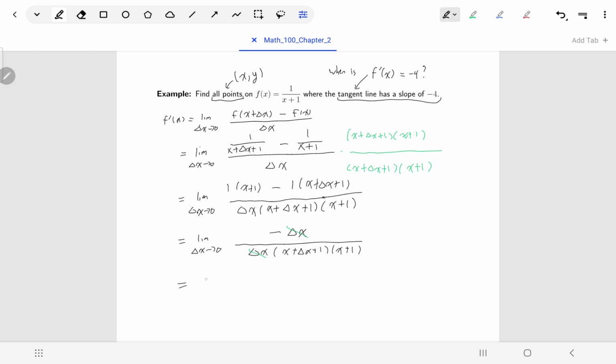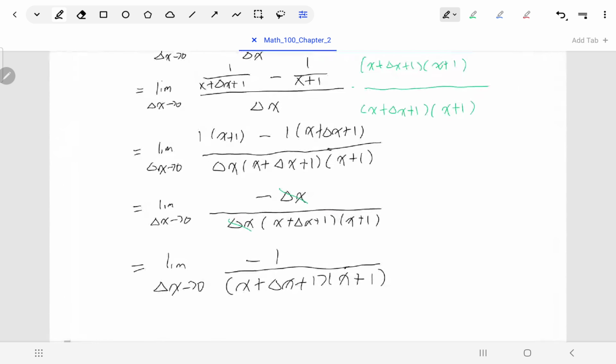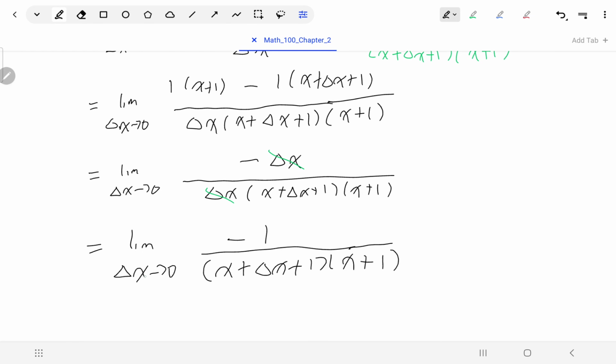which means now I'll have the limit as delta x goes to 0 of negative 1 over x plus delta x plus 1 times x plus 1. And now I can evaluate that limit. If I look at this, I can say as delta x gets close to 0, the numerator will stay as negative 1.